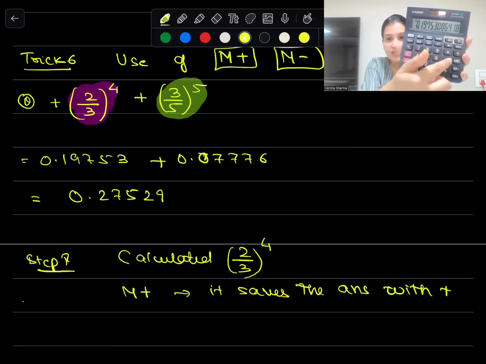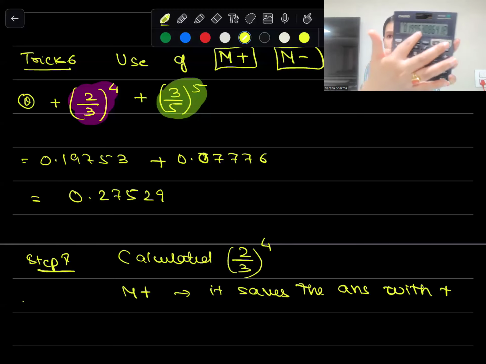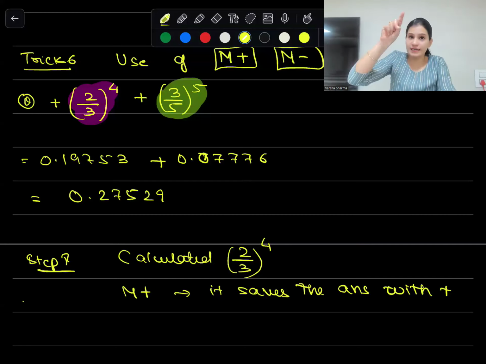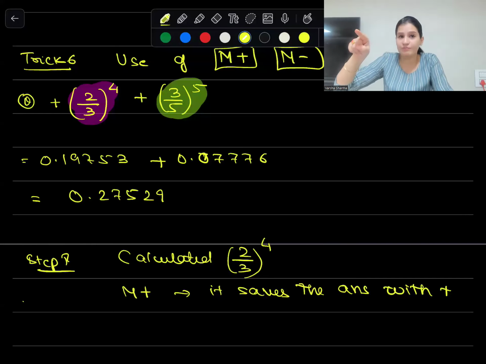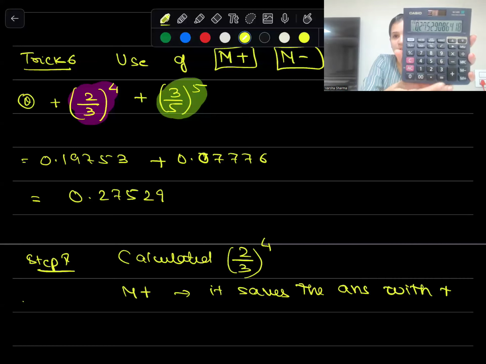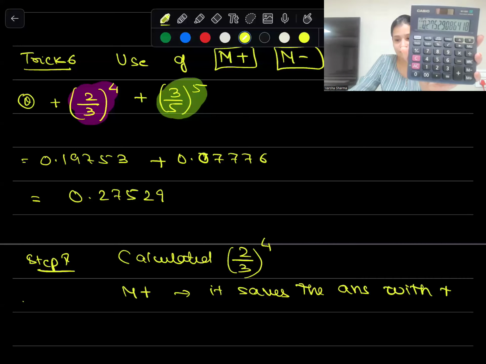As soon as you press this MRC, the value that was stored in the memory of the calculator has come up. That means the value on the screen, 0.07776, I'm adding to something that was saved in the memory of my calculator. So I pressed MRC and I pressed equal to. See, I've got the same answer.